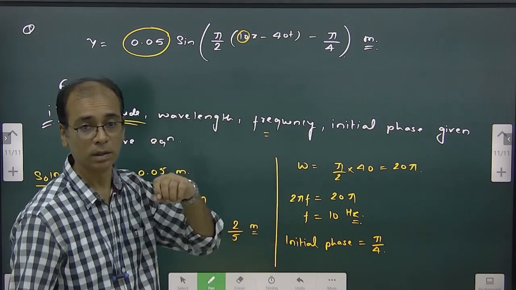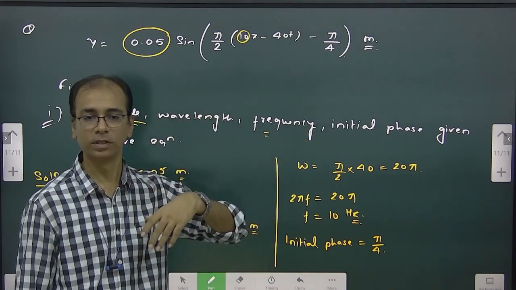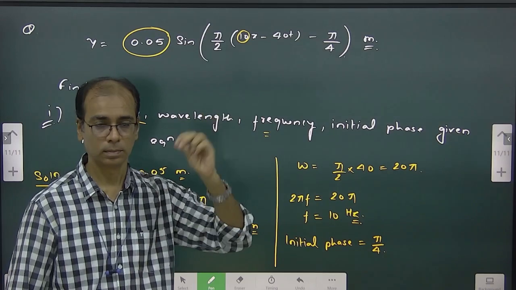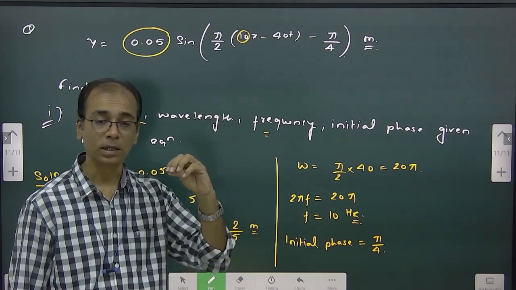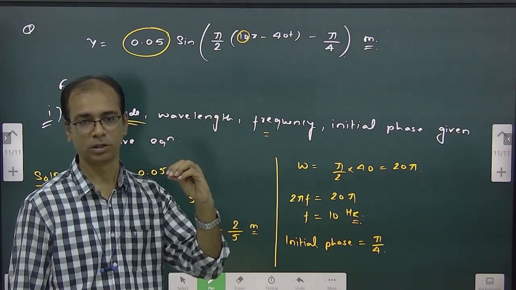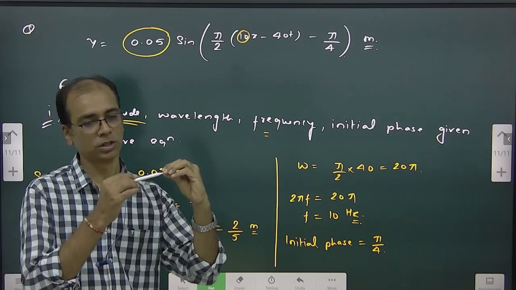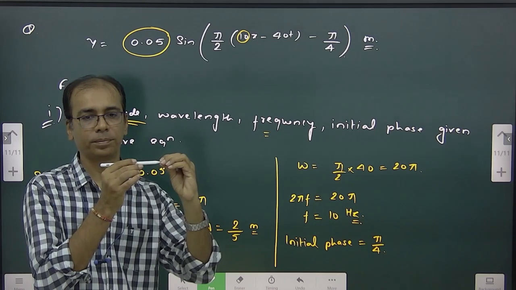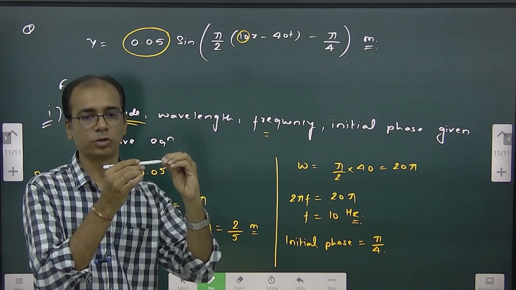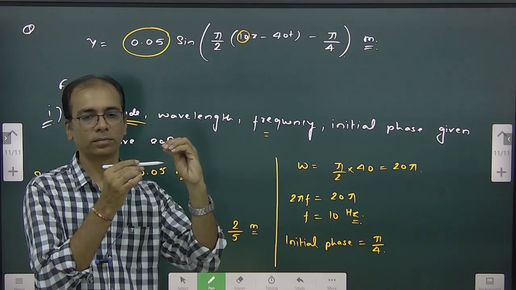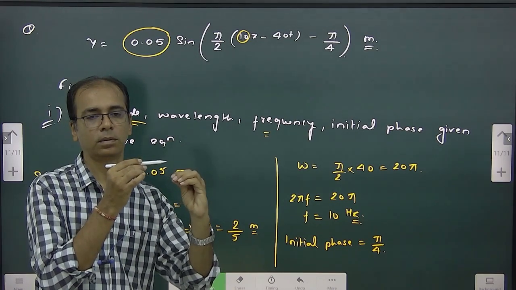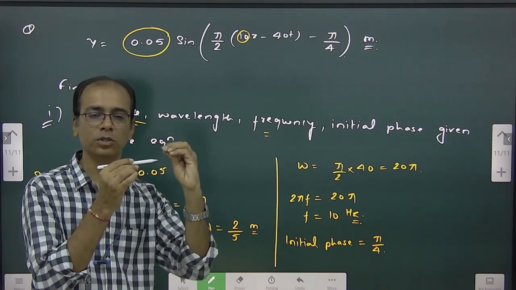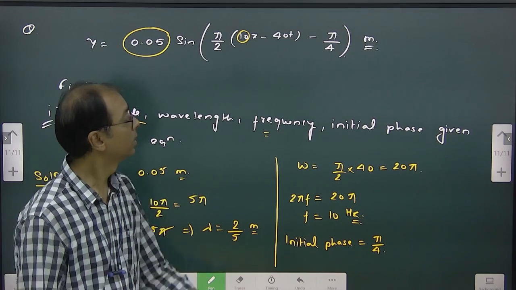If I correlate this with waves in a string that I produce by doing like this, it means I did not start from the mean position. Suppose this is the mean position here, I didn't start from here. I started from some other position, maybe from here. So when you are not starting from the mean position, then we have an initial phase.